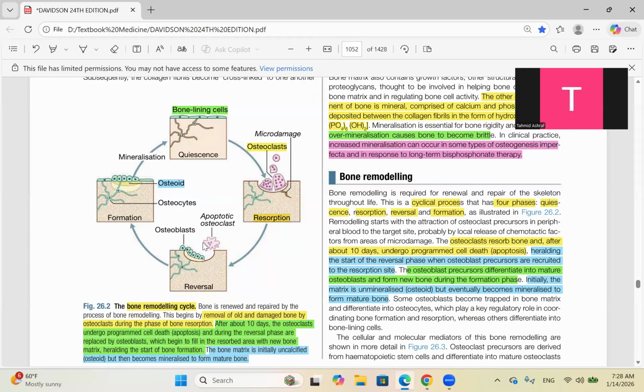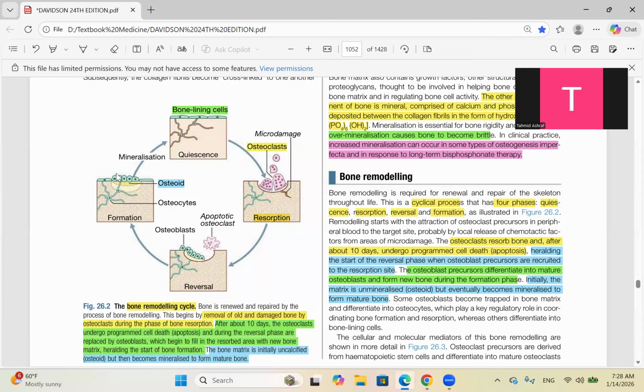Then after the reversal phase, there is the formation phase. In the formation phase, the mature bone cells or osteocytes are formed, and besides osteocytes, there is some bone matrix, a gel-like structure. In the later stages, there is deposition of lots of calcium in the bone matrix.